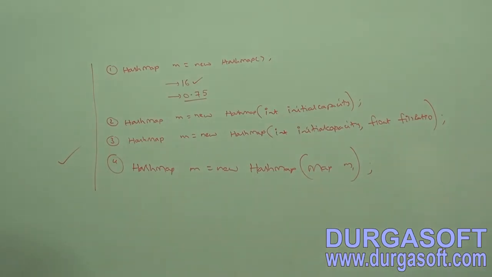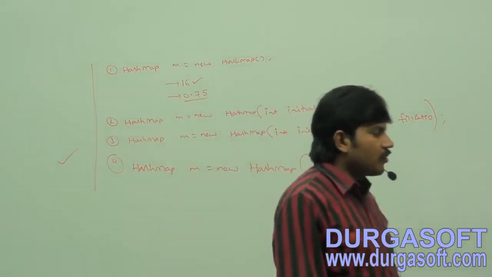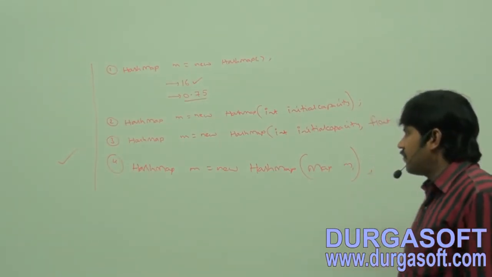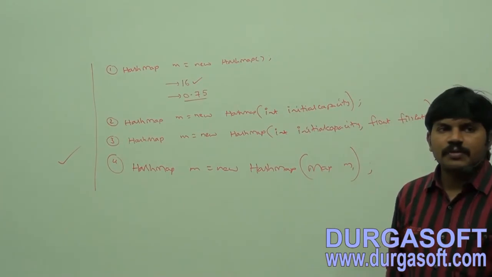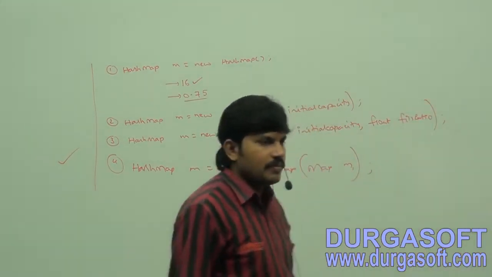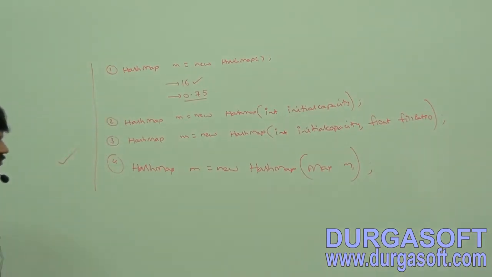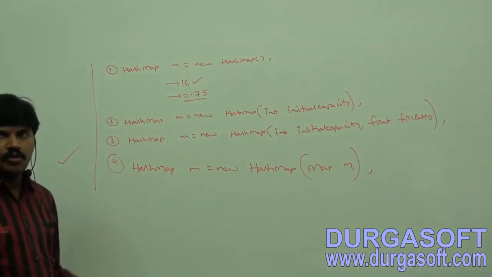Take the remaining two also. Third: HashMap m = new HashMap of int initial capacity, comma float fill ratio. Fourth: HashMap m = new HashMap of Map m.